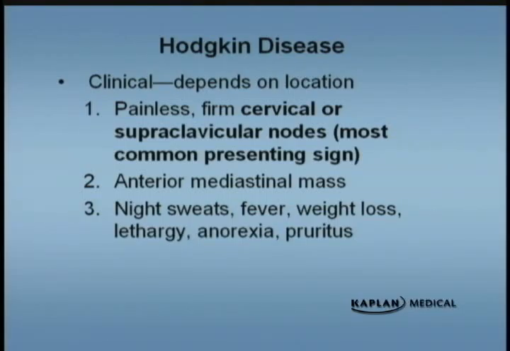This can cause coughing or wheezing, so the location of the tumor will help determine what the presentation will be. Some patients will present with the classic night sweats and chills and fevers, and please remember persistent itching associated with Hodgkin's lymphoma.